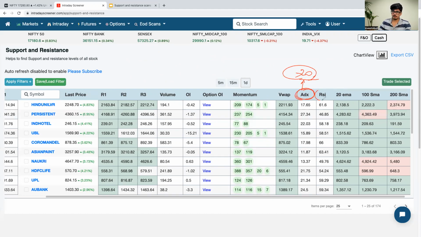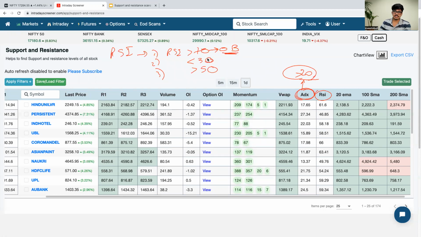When it comes to RSI, the relative strength index of a specific stock, we need to understand three things: RSI greater than 70, RSI less than 30, and RSI greater than 50. RSI greater than 70 means that the stock is in the overbought zone.